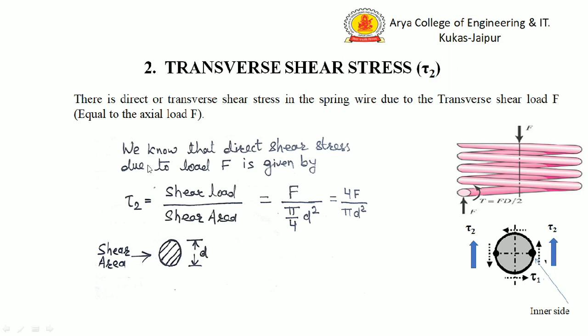So we know that the formula for the transverse shear stress tau 2 is equal to shear load upon shear area, and shear load is the load F and shear area is the cross-section area of the spring wire, that is equal to pi by 4 d square. So tau 2 is equal to F upon pi by 4 d square. So we get tau 2 is equal to 4F upon pi d square.